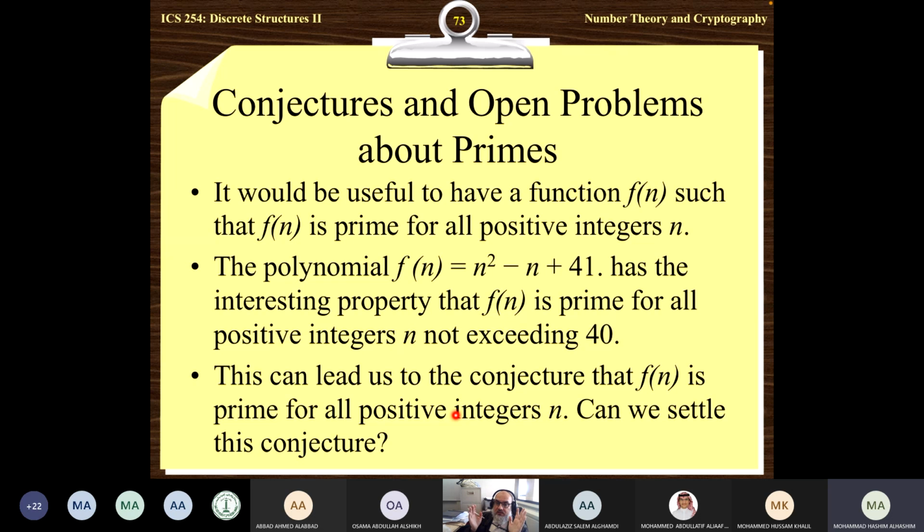Yeah, for all n. If you give it any n, it should give you a prime number. See, this is what the conjecture says: this can lead us to the conjecture that f of n is prime for all positive integers n. So f of n, which is n squared minus n plus 41, is prime for all n.